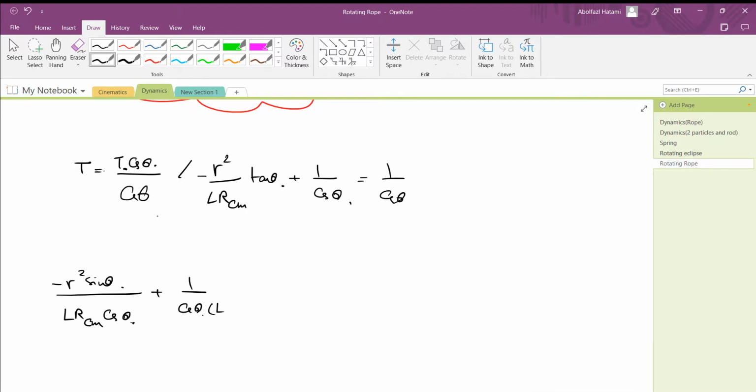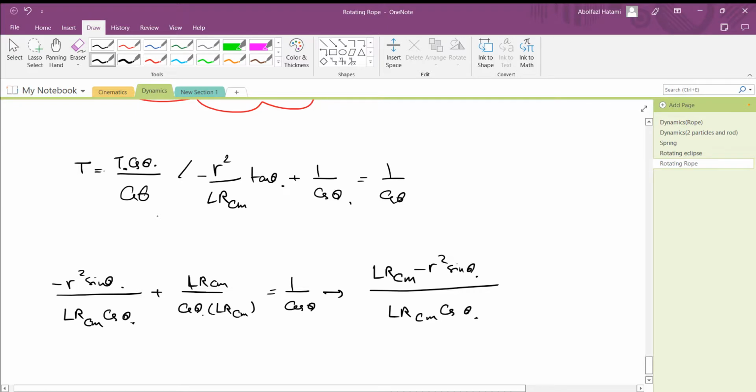Let me multiply it by LRCM, and here you will have LRCM. It is equal to 1 over cosine of theta. So LRCM minus R squared sine of theta 0 over LRCM cosine of theta 0 is going to be 1 over cosine of theta.